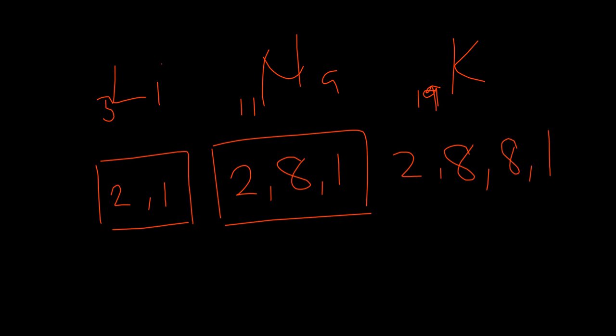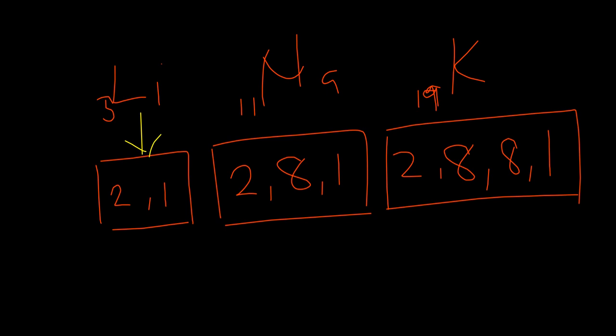I believe you've not forgotten about the electronic configuration, how it can be written. Please, if you've forgotten, then you need to refer to our video on electronic configuration. So these are the electronic configurations of the elements. So for lithium, you have this. For sodium, you have that. For potassium, you have this.